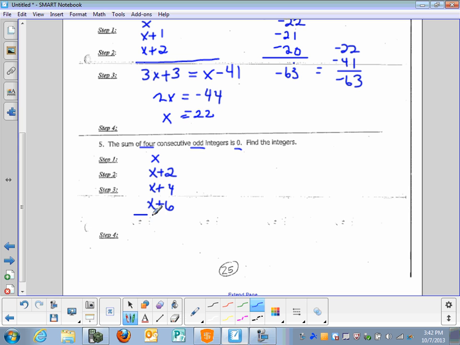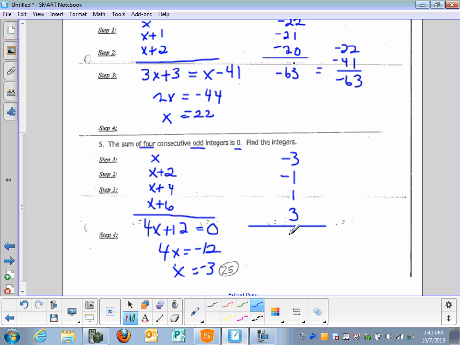The sum of the 4 consecutive odd integers is equal to 0. 4x plus 12 equals 0, so 4x equals negative 12, and x is negative 3. We add 2 to that, add 2 to that, add 2 to that, add them up, and they equal 0. So your integers are negative 3, negative 1, 1, and 3.